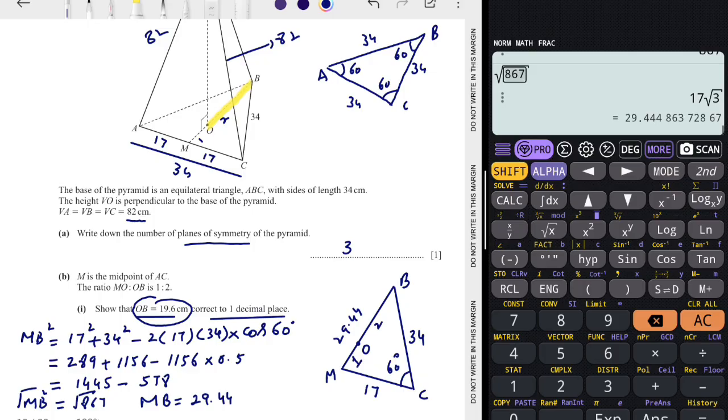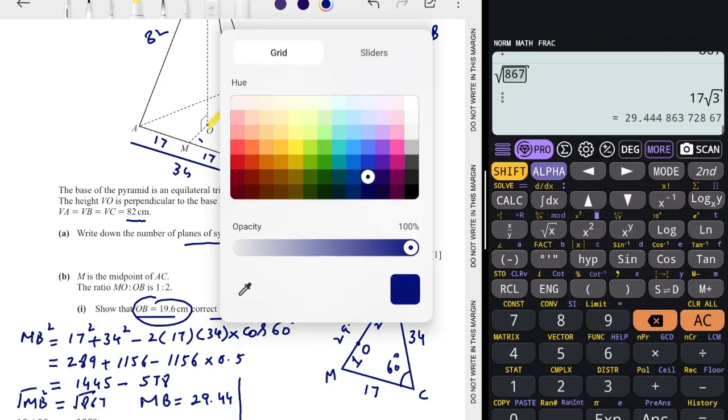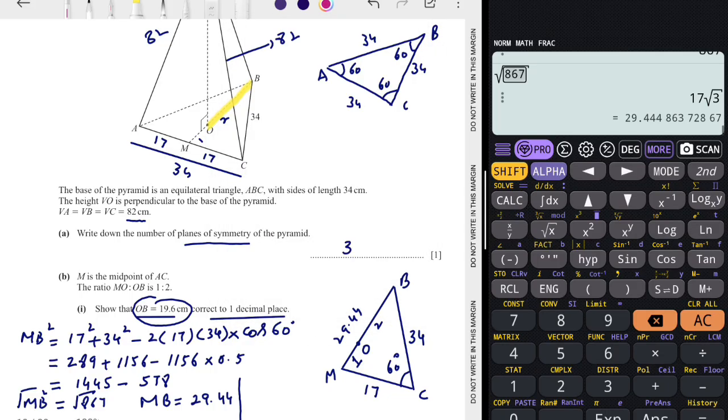So we can write here that OB is equal to the part of OB is 2, total is 3, times MB. It means that OB is equal to 2/3 of MB.